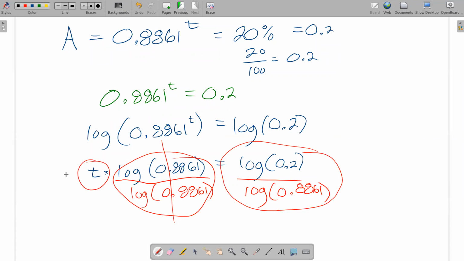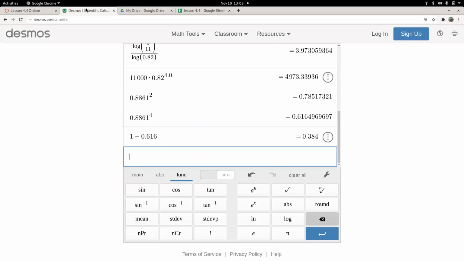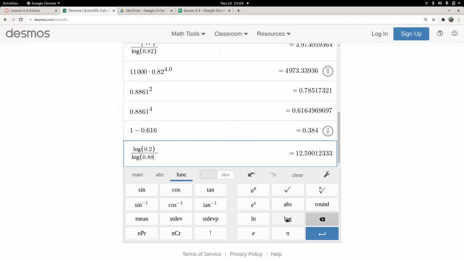So we're going to find it and check it. Calculator, I'm going to go to Desmos this time. So I want to know, what is the log of 0.2 close parentheses divide by the log of 0.8861, and I get 13.3. Now that's t.